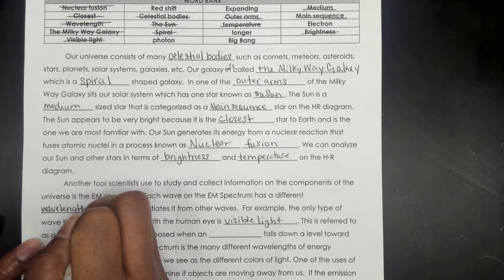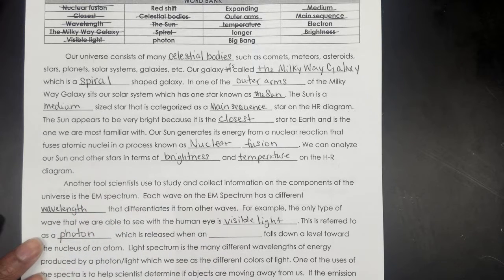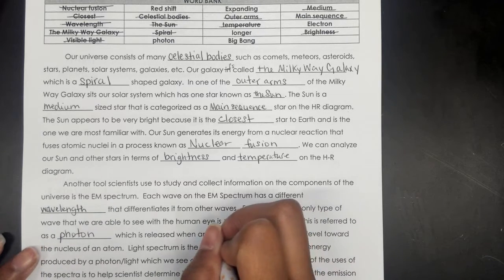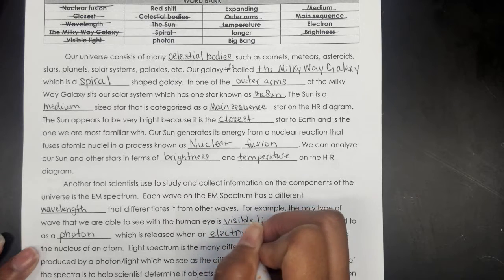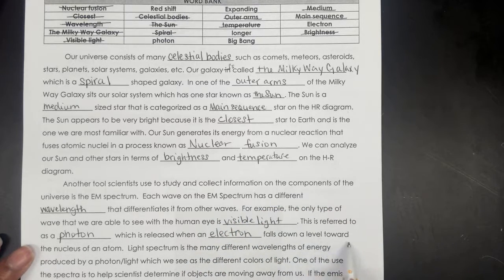What's a photon? We talked about this whenever we showed the electron moving away from the nucleus and it releases the photon. A photon, which is released when an electron falls down a level toward the nucleus.